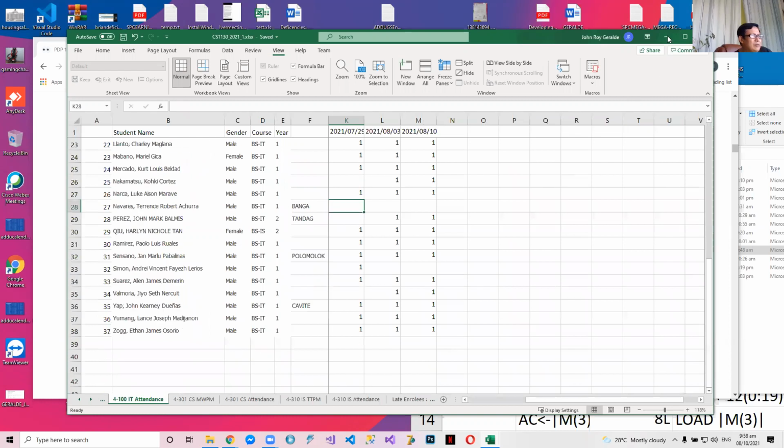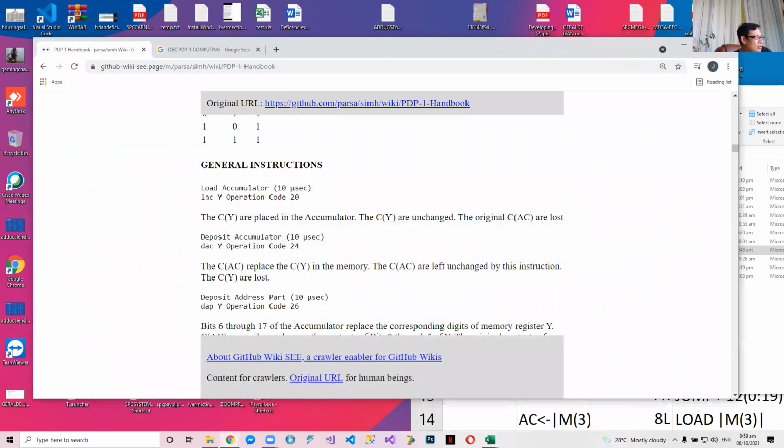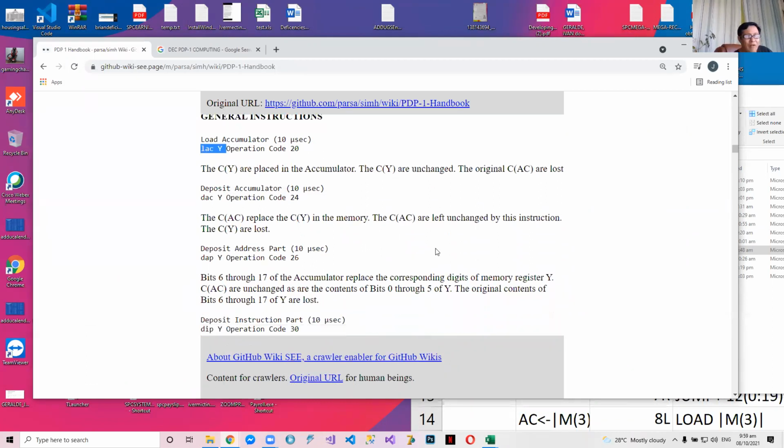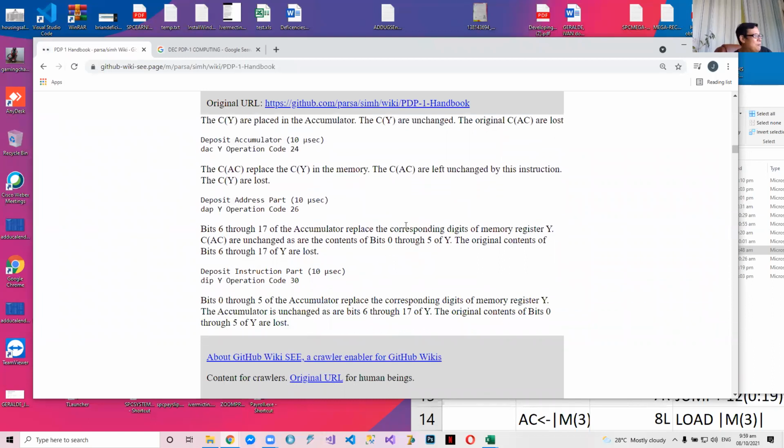Anyway, remember in the IAS we say load M of y. In the PDP-1 we say LAC y.